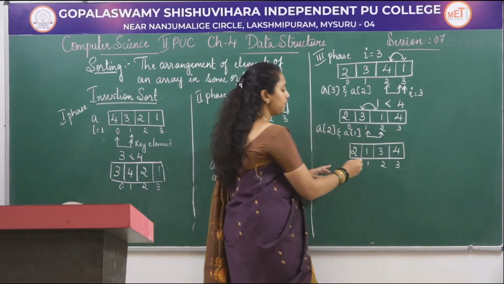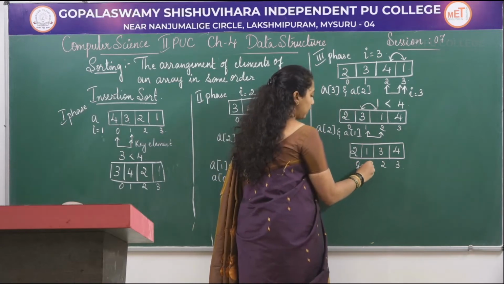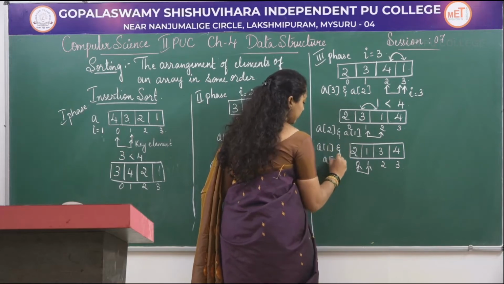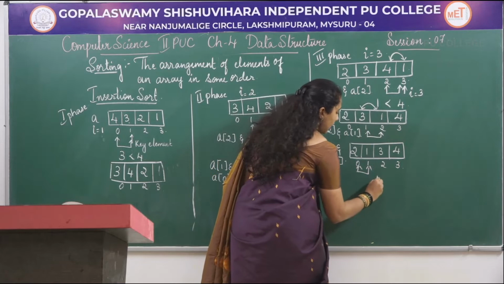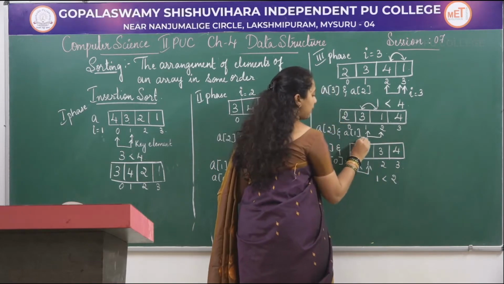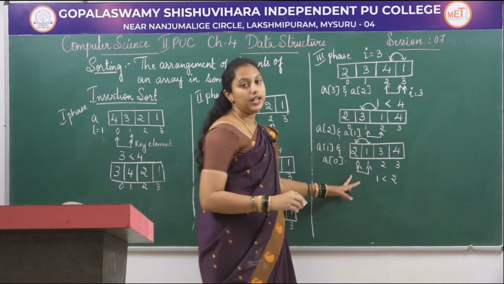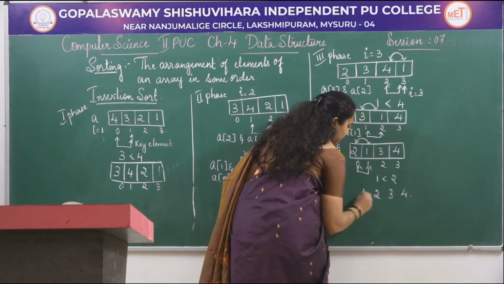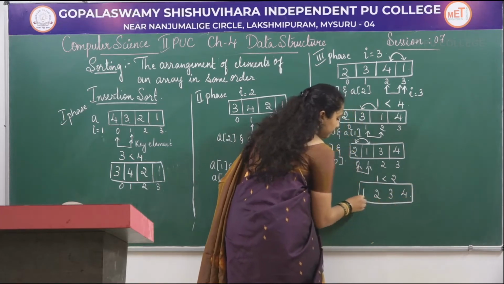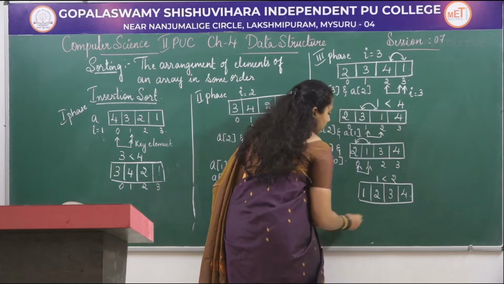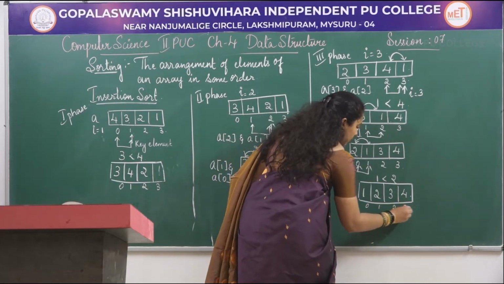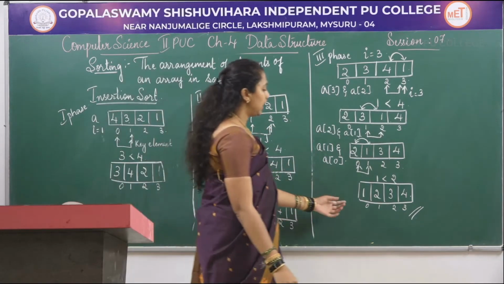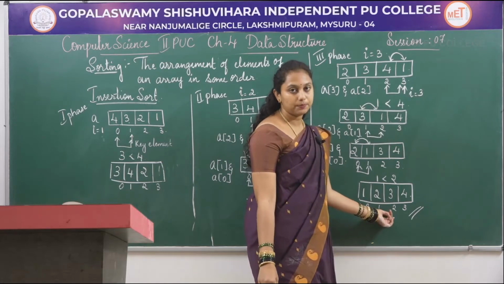Next we are comparing A of 1 and A of 0. 1 is less than 2, hence we swap these two array elements. That is 1, 2, 3, 4. This is the output of the last iteration. See here, the array elements get sorted.